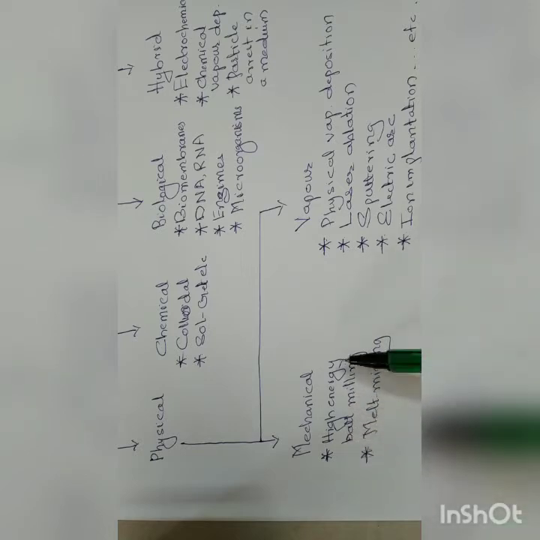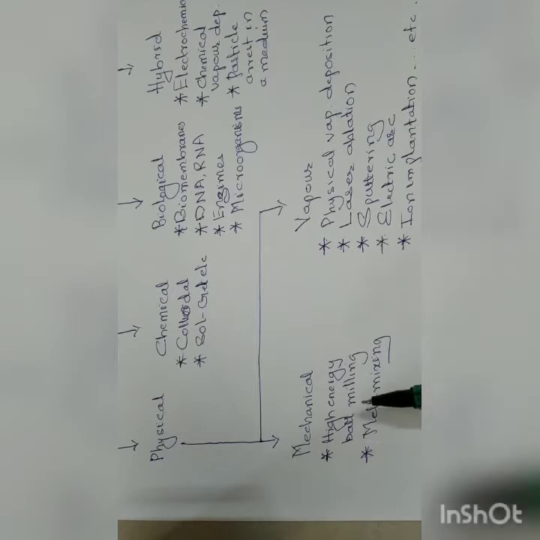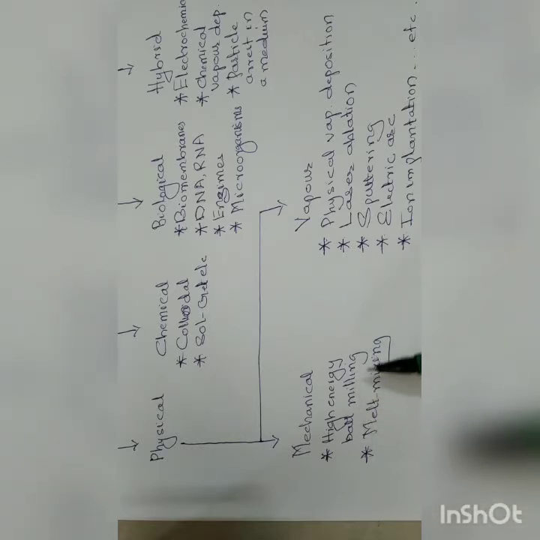Like you can have high energy ball milling. It's a very simple technique which can produce a large quantity of materials, and it is an industrially viable technique. We'll come back to this later on.